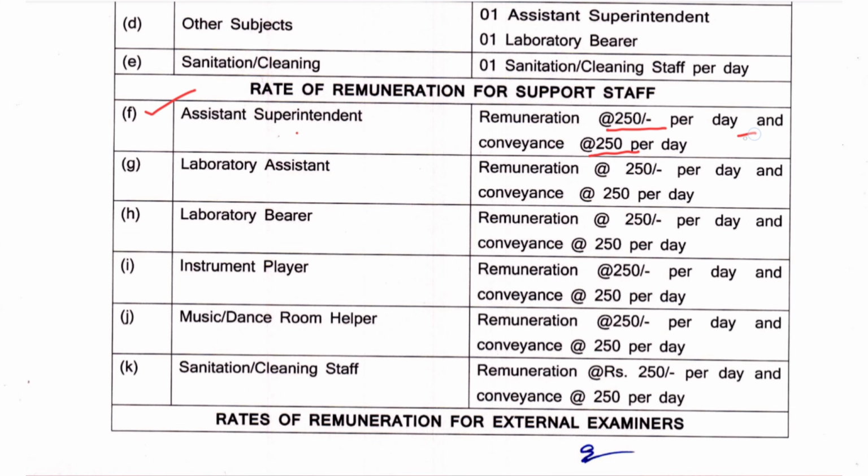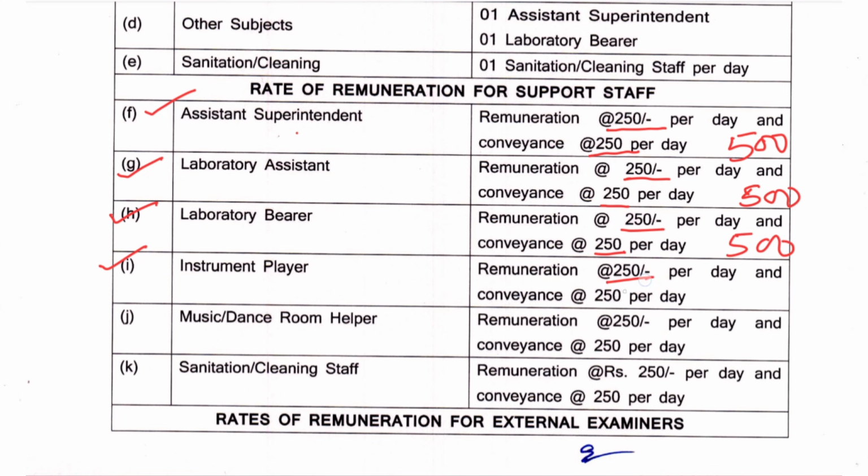So if you add, you are going to get 500 rupees per day. Then lab assistant, they are also going to get 250 plus 250, so totally 500 rupees per day. Then laboratory bearer, he is also going to get 250 plus 250, means 500 per day.